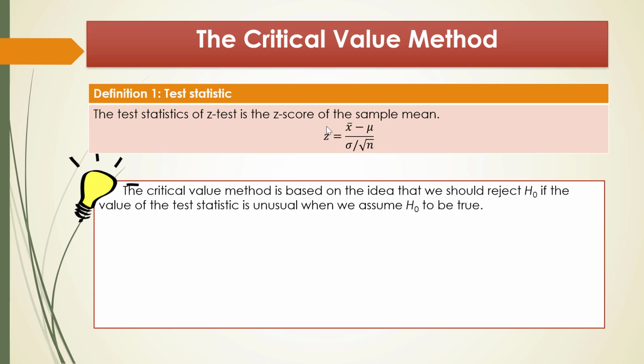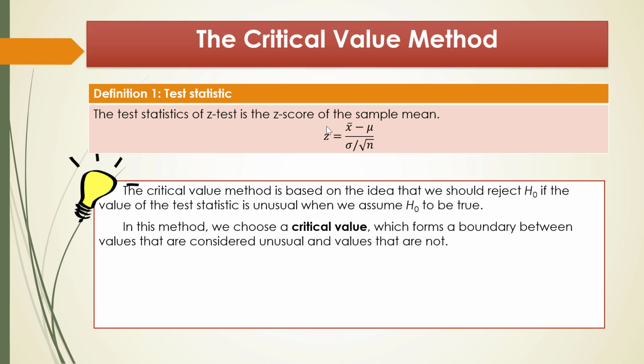If we cannot find enough evidence, we cannot reject the null hypothesis. So the idea of the critical value method is to verify if the value of the test statistic is unusual.